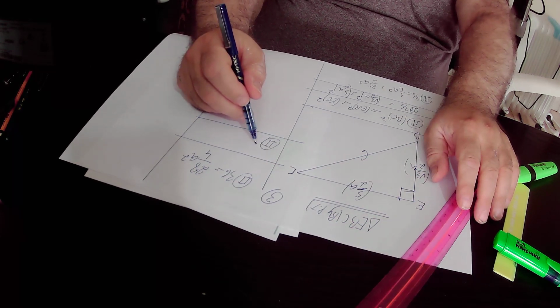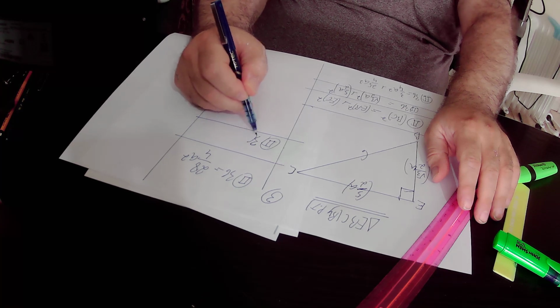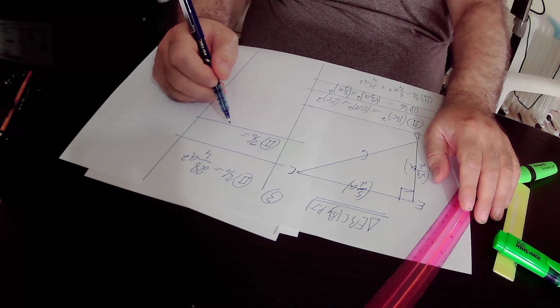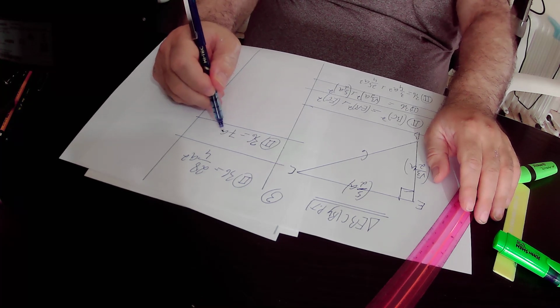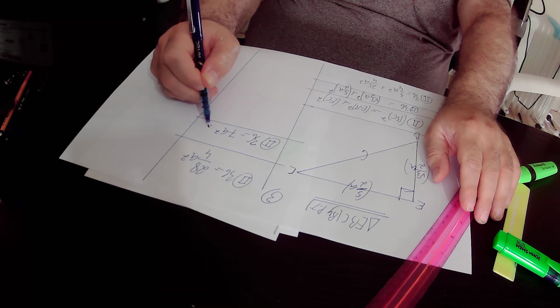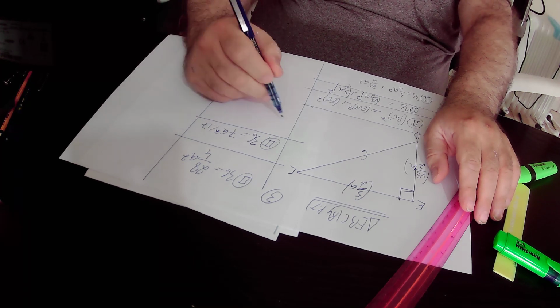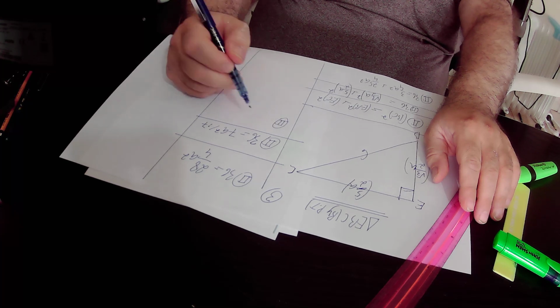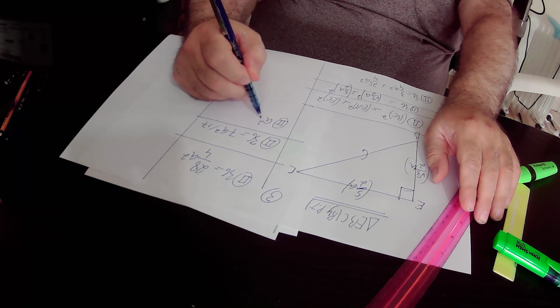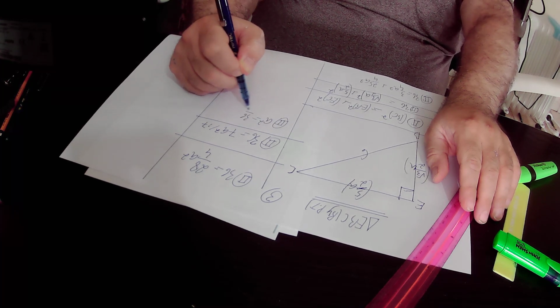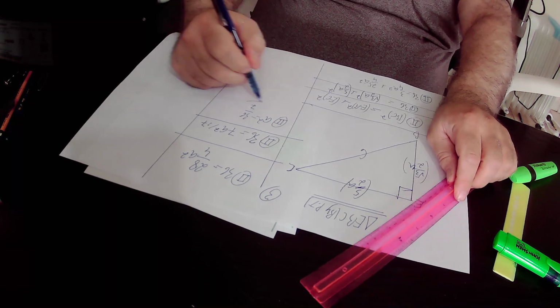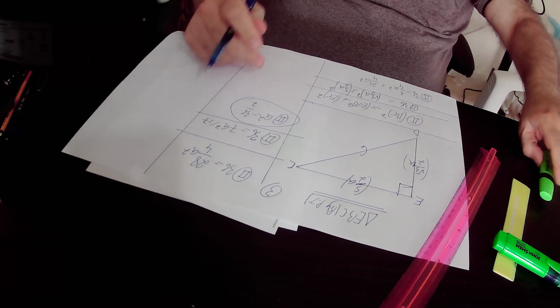So we found out that according to equation number 2, 36 equals 7 A squared. Here we will divide equation number 2 by 7, and we will get that A squared equals 36 over 7.